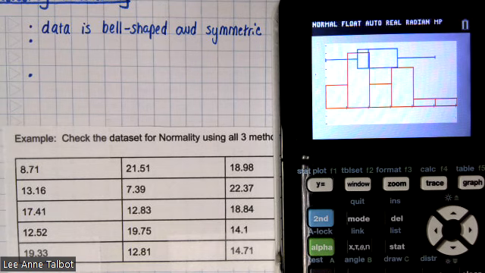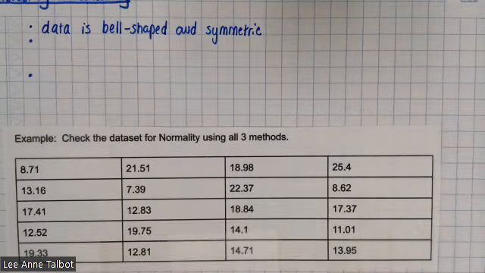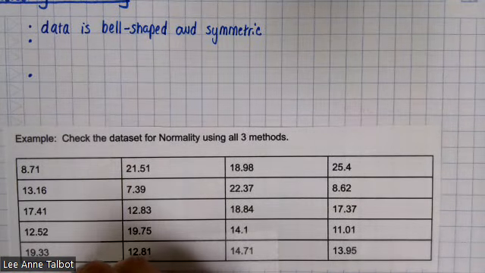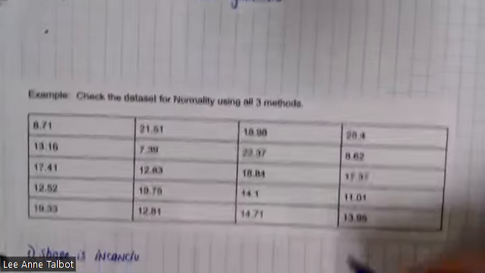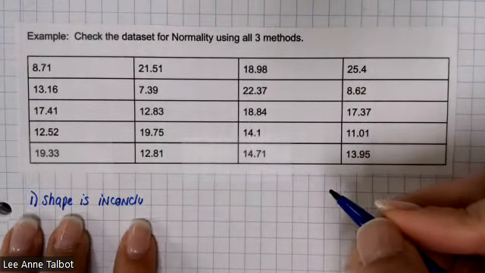What I'm doing here is saying, if I had all the numbers, is this ridiculously skewed one way or the other? Unfortunately, no. I can't rule it out. It might be normal. I'm not sure. So I'm writing, number 1, I check the shape.